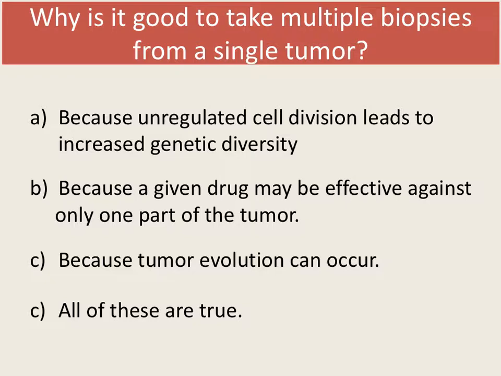So if you do a biopsy in one place, you might only get some of those mutations showing up and not all of them. The same thing if you only do a biopsy in one place. You find that there are certain mutations, you use a drug that works against those mutations, and it turns out, okay, I think we're done. But anyway, it's all of these.